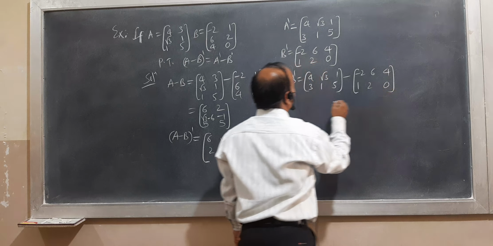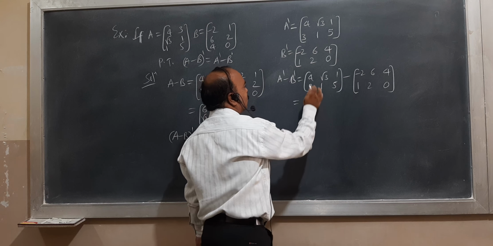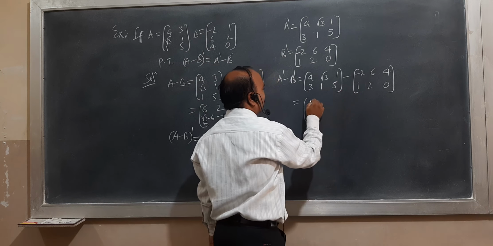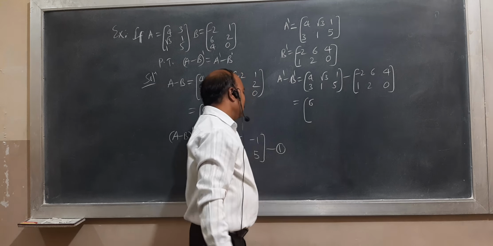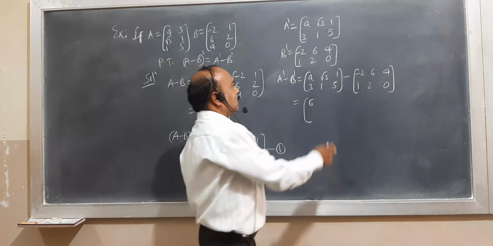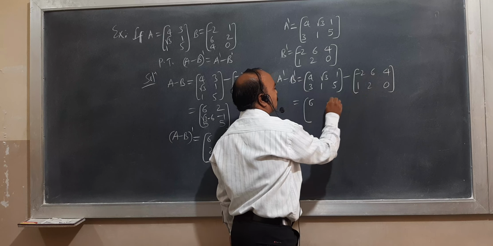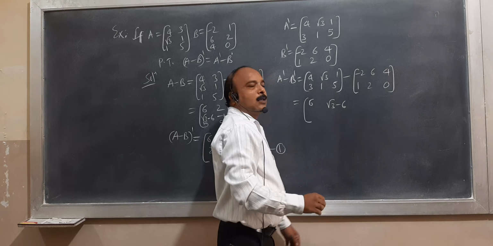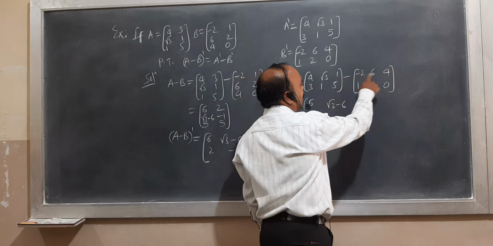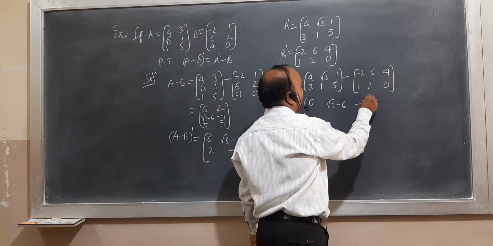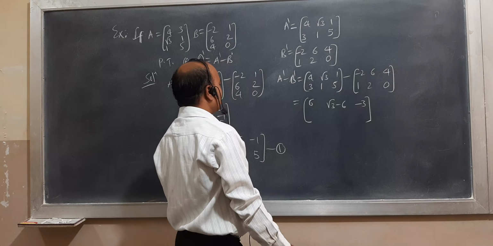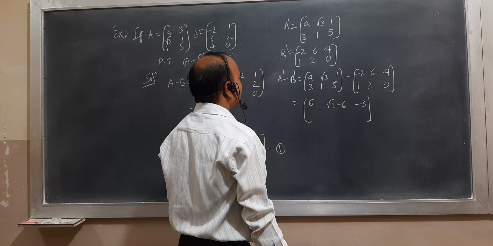Now simplify this. 4 minus of minus 2, 4 plus 2, it is 6. Next root 3 minus 6 as it is. After that 1 minus of 4 is 1 minus 4, it is minus 3.